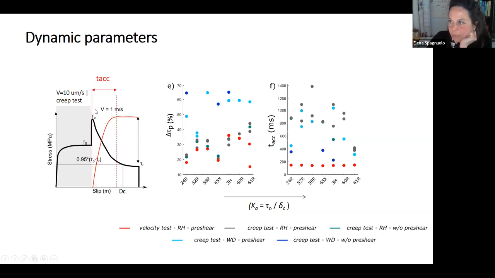Another parameter that we can measure is the TH, for example, and the stress drop. So this is a percentage with respect to the tau peak. And the stress drop is of 20%, for example, for silty clay, but it's quite high, for example, for the tufaceous clays. It's definitely higher in the case of wet experiments.